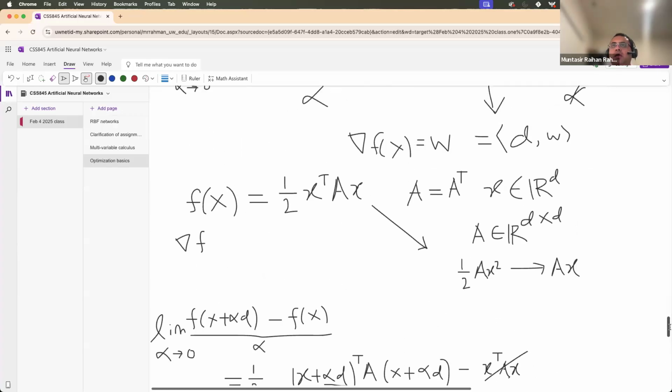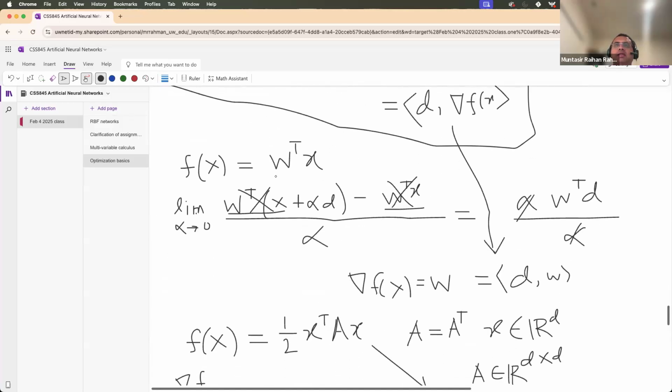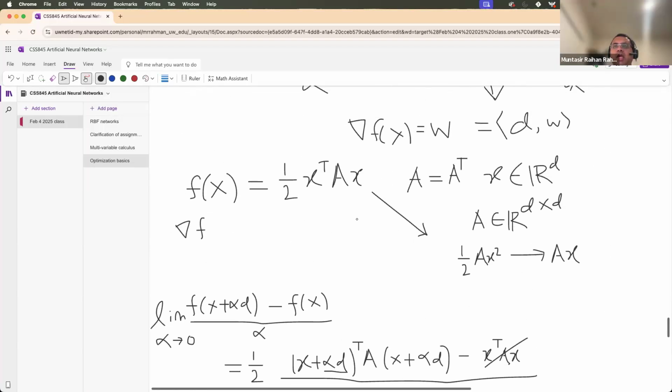So let's compare here. For this case, we took the directional derivative and we found it to be the direction inner product with W, and W was the gradient. Now the function is 1/2 x transpose AX.